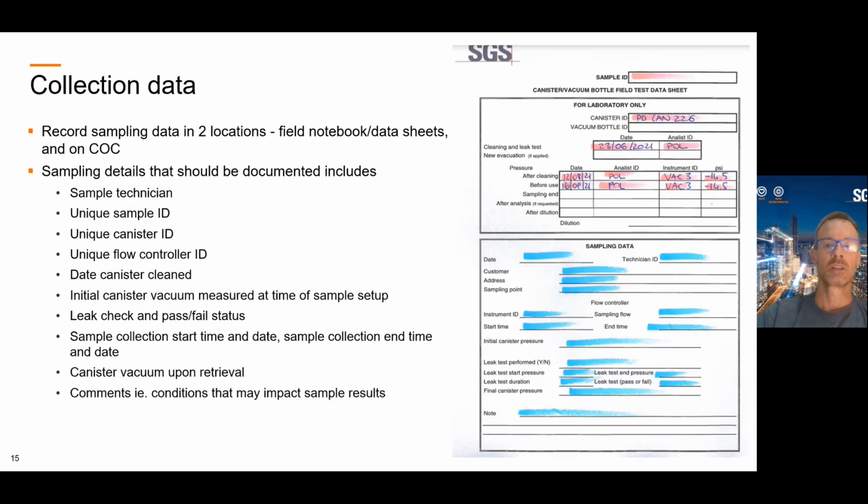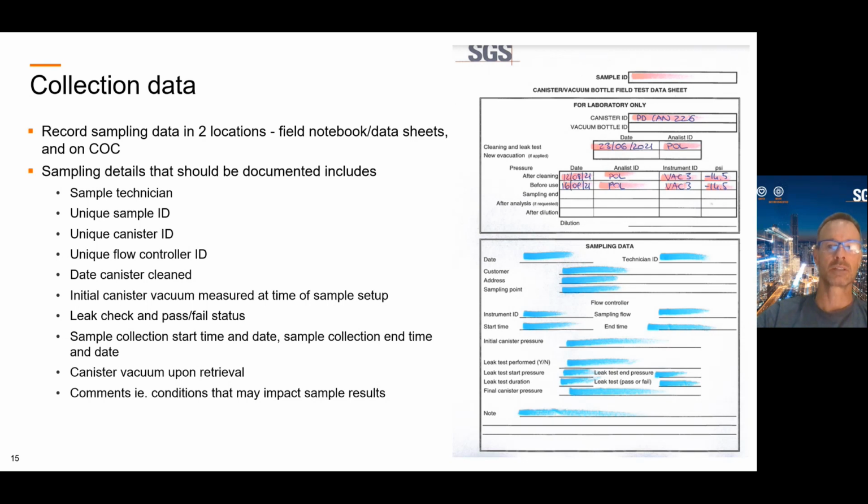At the end of sampling, the following information should be recorded on dedicated sample collection forms. Firstly, we need to record the unique sample ID for the sample location. We record the canister ID. The canister ID should be consistent with the label that was supplied with the canister. We note the date at which the canister was cleaned. We record the initial canister vacuum.